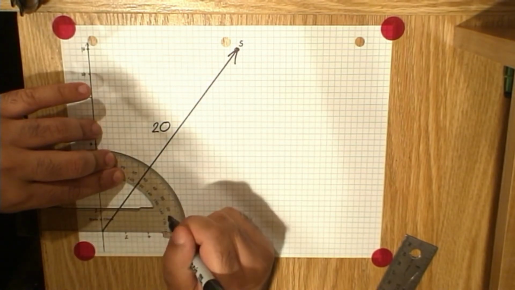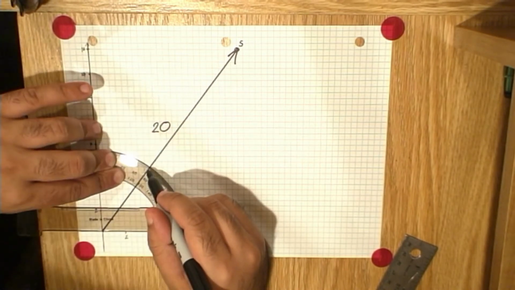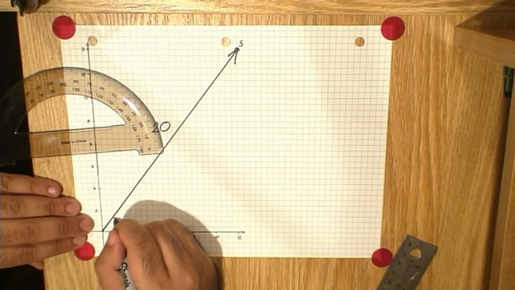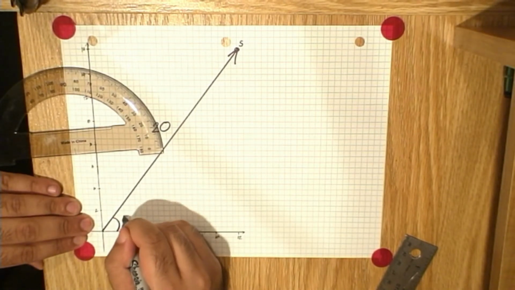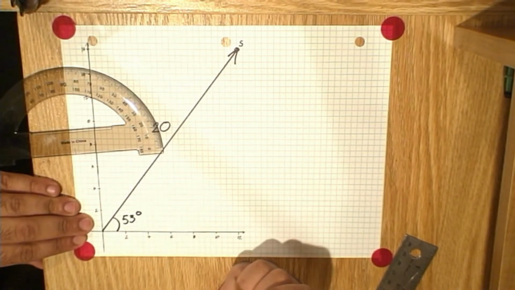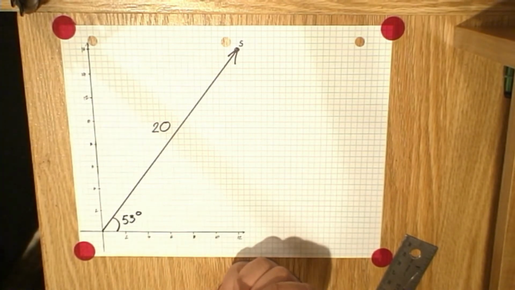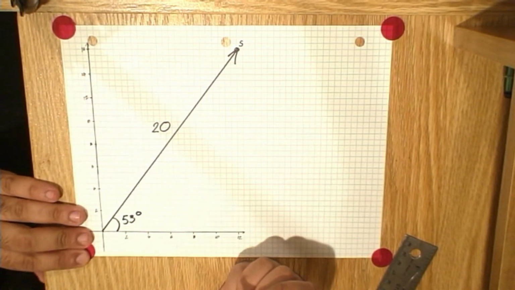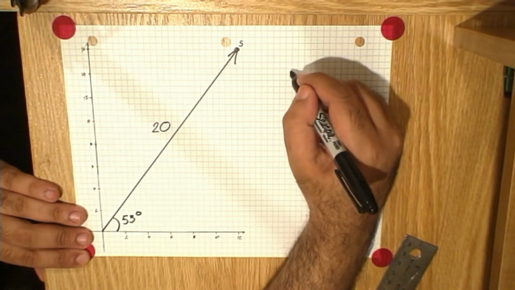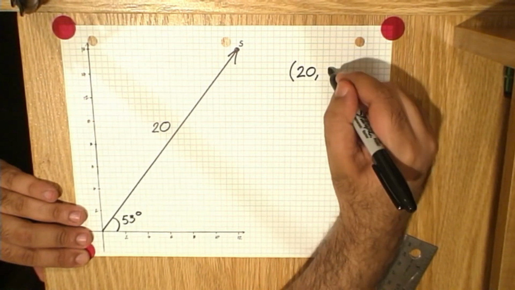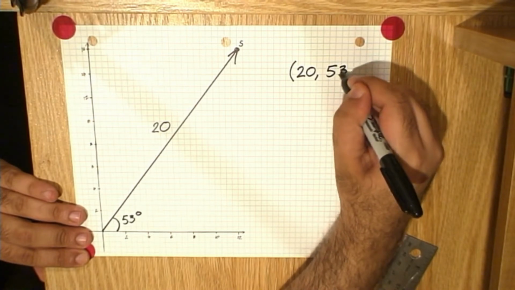I get about 53 degrees. So now I have unambiguously located the shark again. I have located it at a point that is 20 meters away at an angle of 53 degrees.